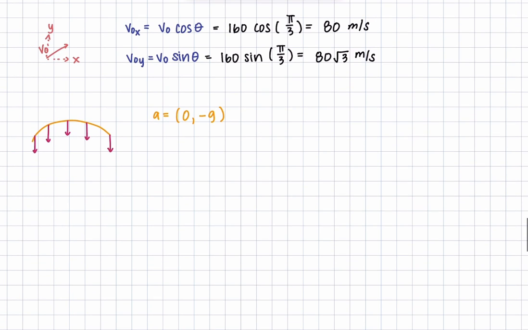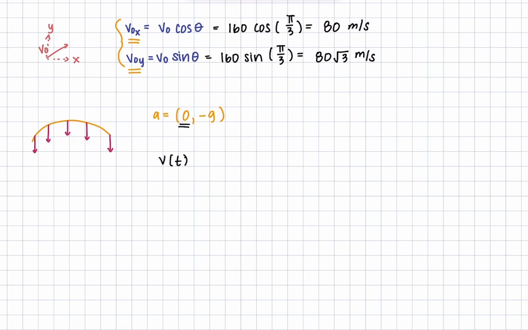So our initial conditions for our projectile for velocity are v naught x and v naught y, and that's going to be important because to get our velocity vector, we need to integrate acceleration. Now, the x acceleration is 0, so when we integrate that, we just get our initial condition, v naught x.